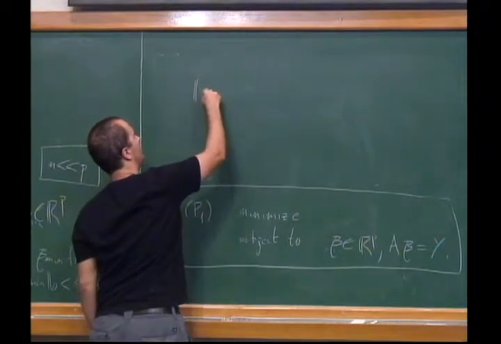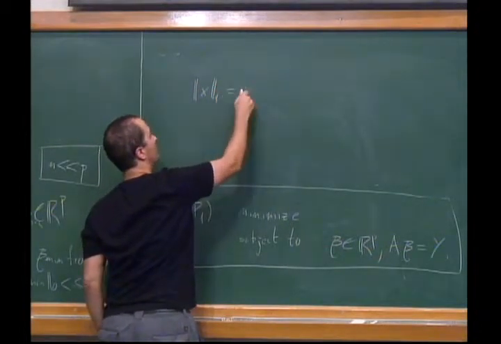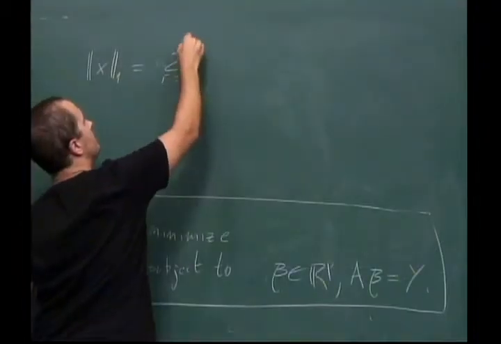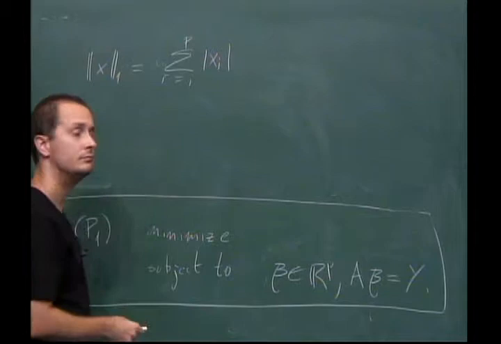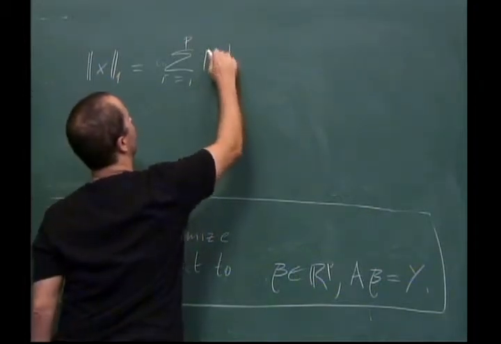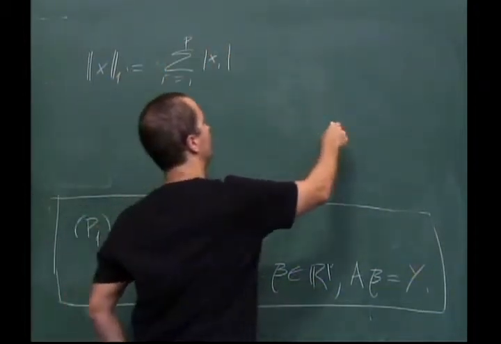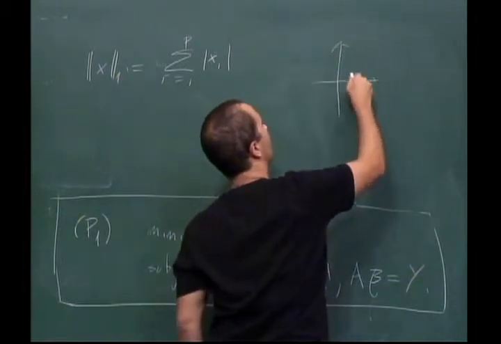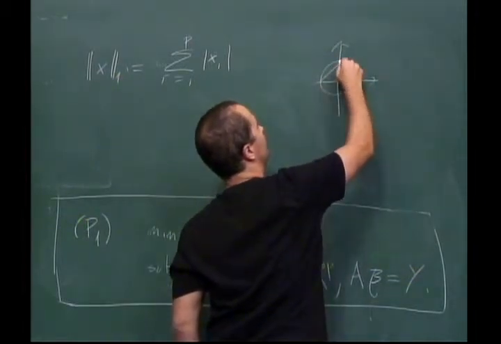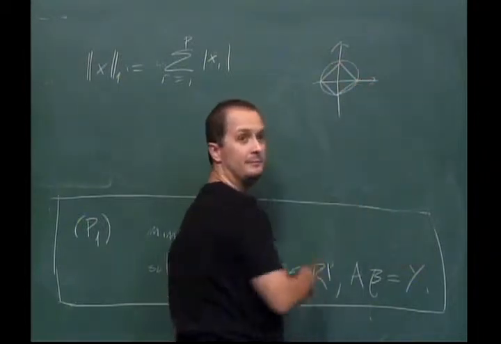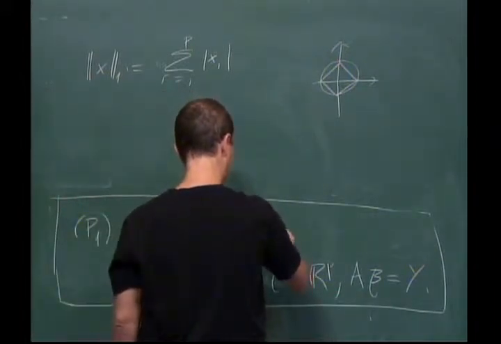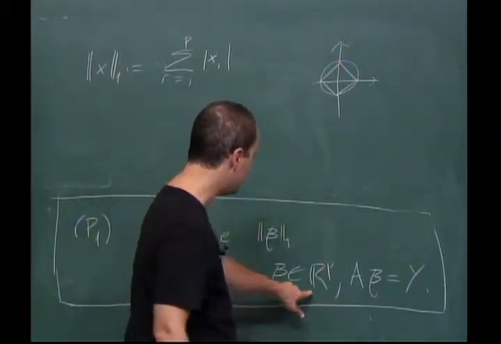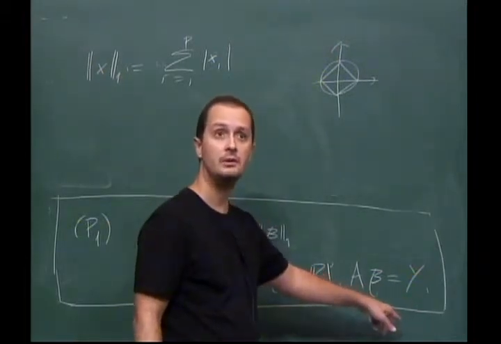Let me just say that the L1 norm of a vector is just the sum of the absolute values of the coordinates. It's just L1, right? So you replace the usual round ball by something like this. My new problem is the problem of finding, again, I look at vectors that are a solution to my linear system.